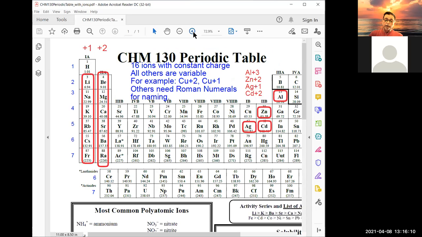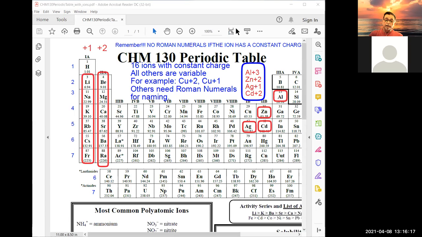Let me zoom it up a little bit. And if we look at, let's see, calcium. 1 mole of calcium would weigh 40.02. Oh, excuse me, 40.08 grams.